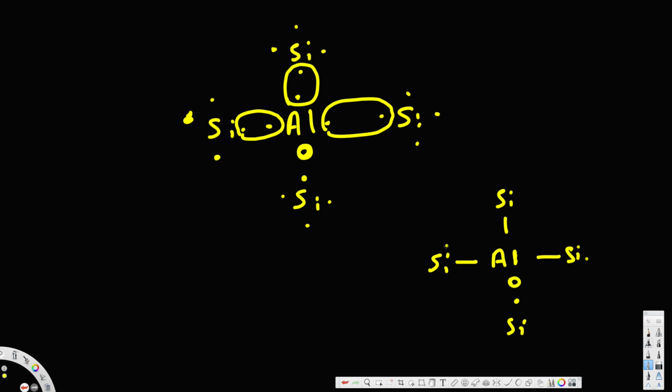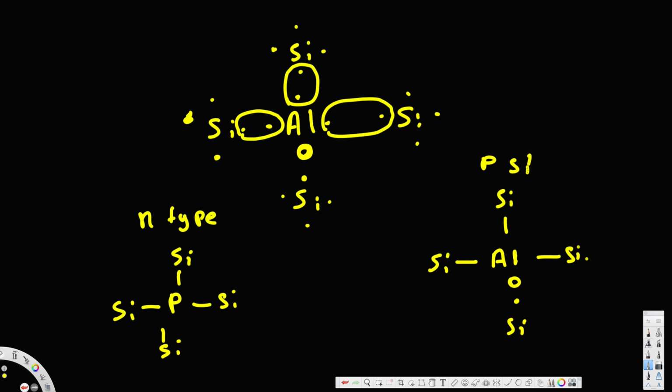In the case of an N-type semiconductor where we had phosphorus, the charge carriers were electrons, so the electrons were free to move. This is N-type, this is P-type, and those are some basic things about semiconductors.